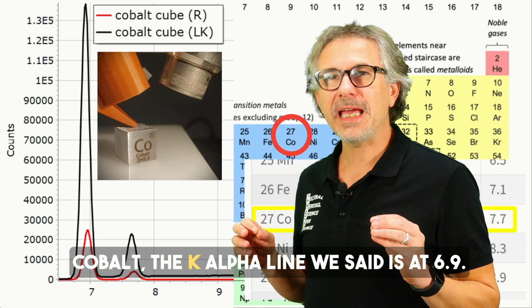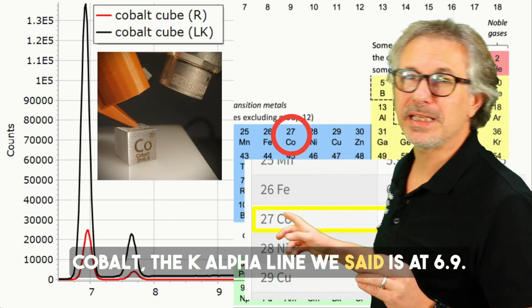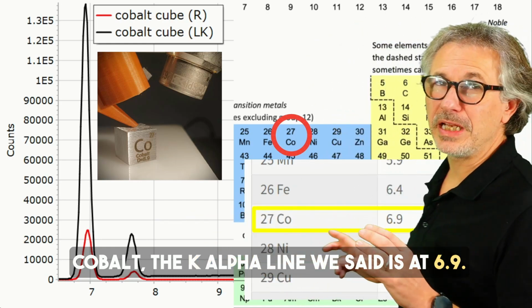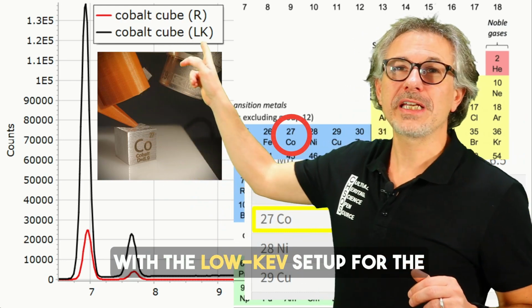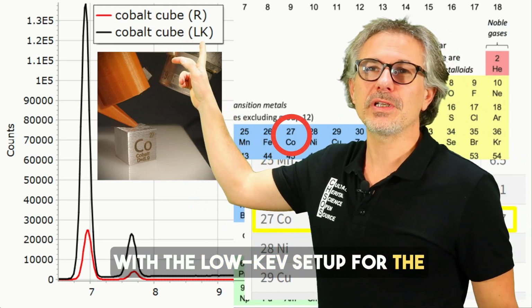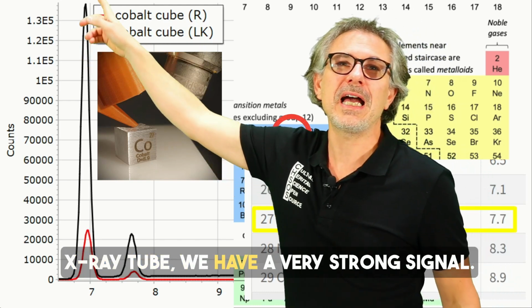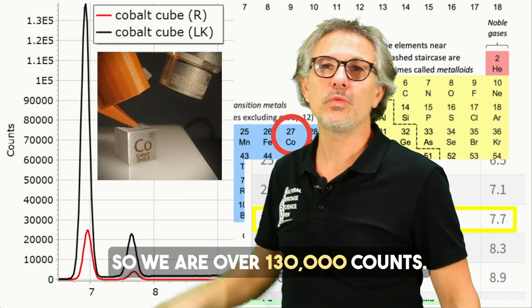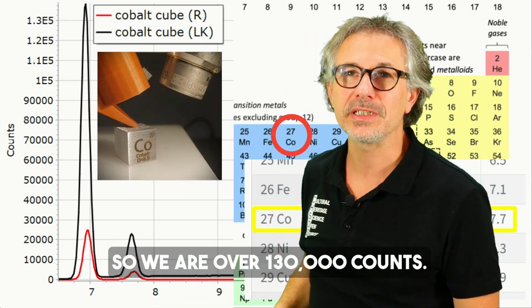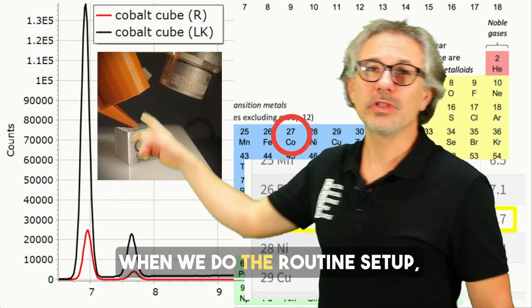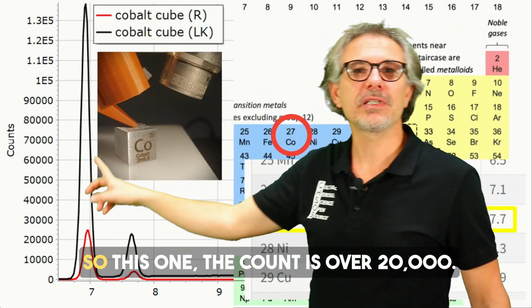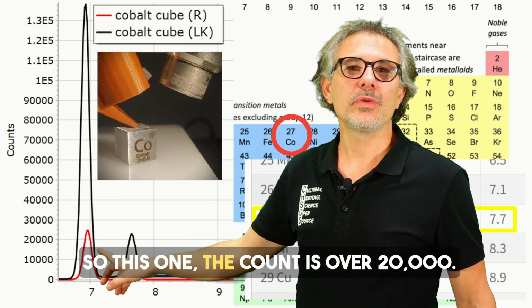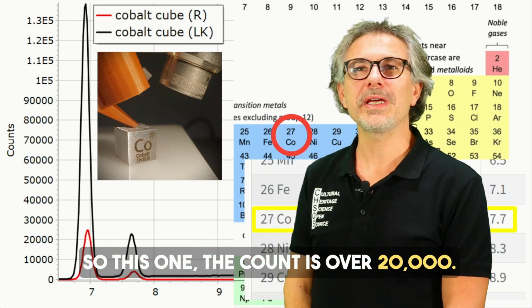Cobalt, the K alpha line, we said, is at 6.9. With the low keV setup for the X-ray tube, we have a very strong signal. So we are over 130,000 counts. When we do the routine setup, the count is over 20,000.